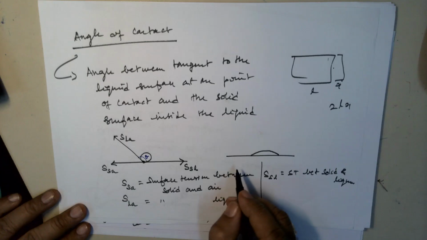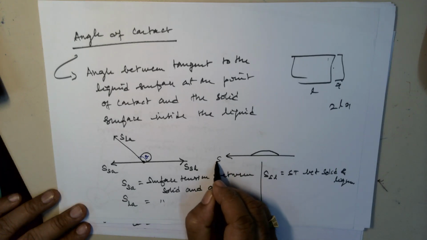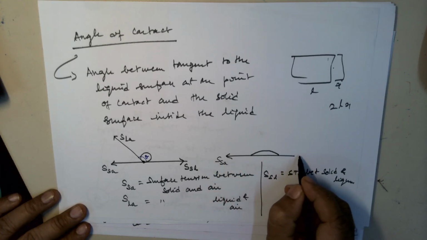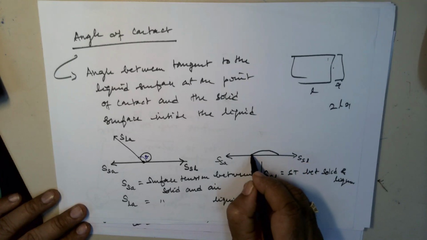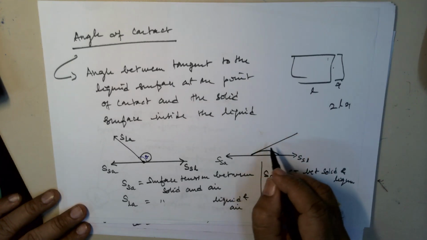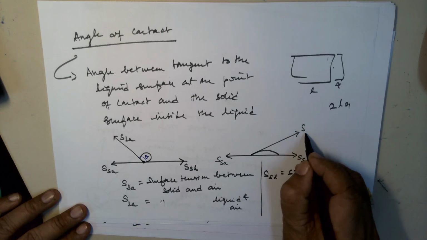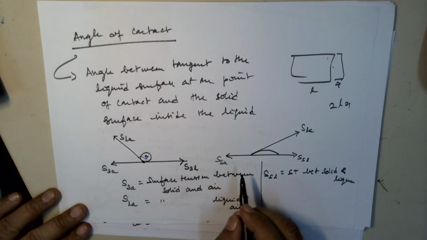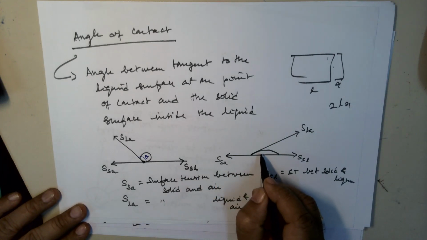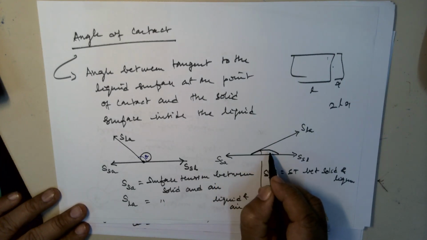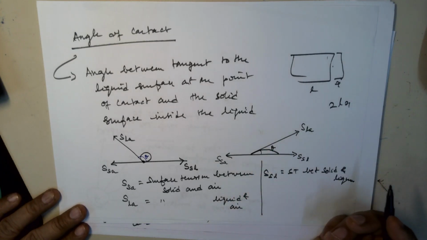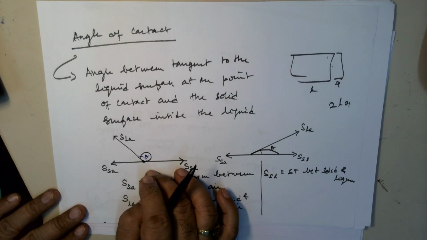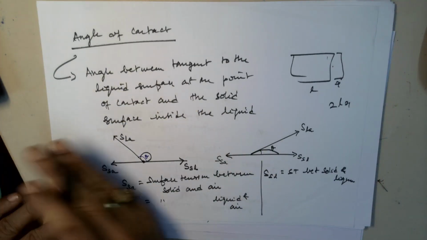So in that case, this is SA, this is SL, and this is SLA, right? In that case, the angle of contact theta is acute. But in the case of water on lotus, it is obtuse, is it not?